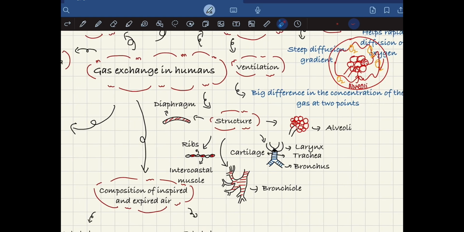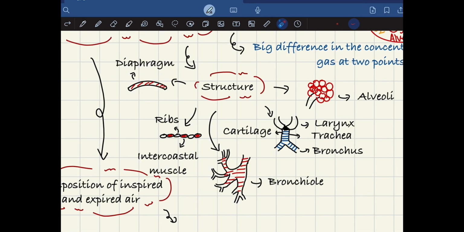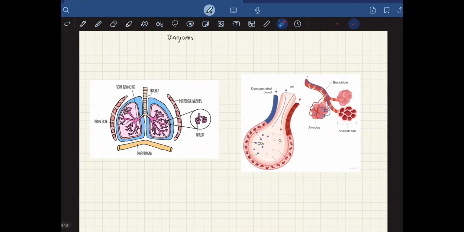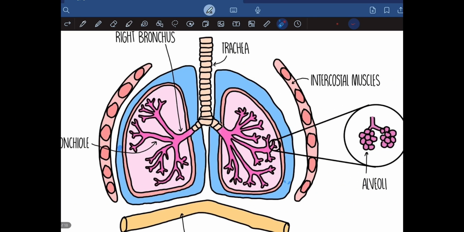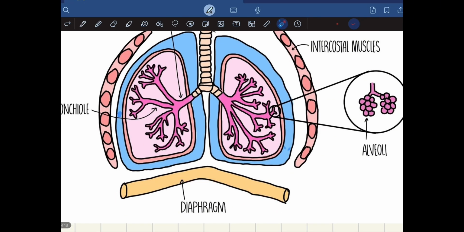It is very important for you to remember the structure and the features, and to spell them correctly, because if you have wrong spelling, they will not accept your answer. In your diagram, this is your trachea, this is your right bronchus, and this is your left bronchus. These branches are your bronchiole. Over here you have the diaphragm, which is under your lungs.